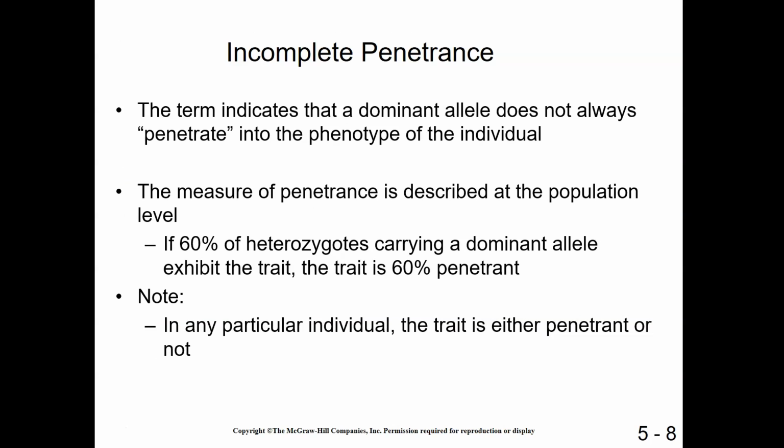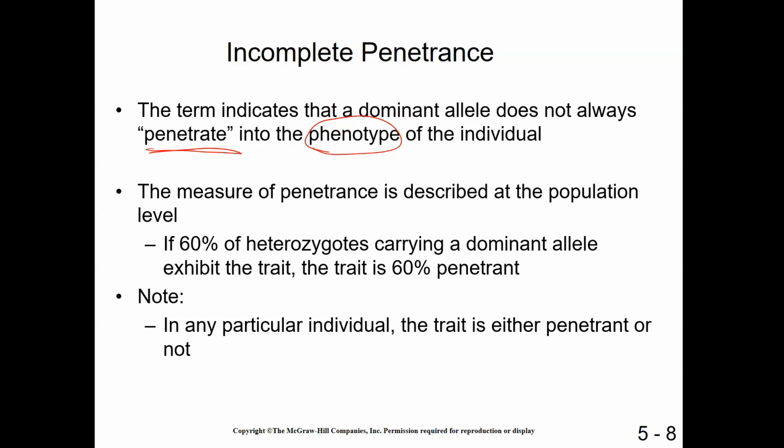Okay, so we're going to talk about penetrance now. So what is penetrance? We are going to be looking at large populations here. When you talk about penetrance, you are looking at the percentage of the population that is displaying a phenotype. So the term indicates that the dominant allele doesn't always penetrate into 100% of the phenotypes of the individuals in the population.